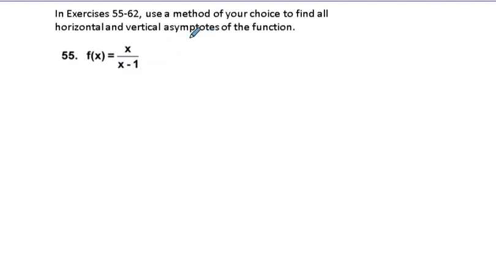So to find our vertical asymptote for this function here, what we're going to do is set the denominator equal to 0, and then solve for x.